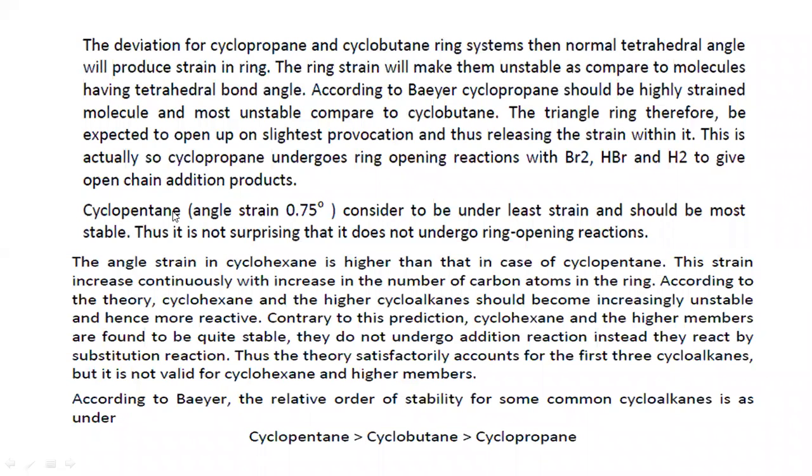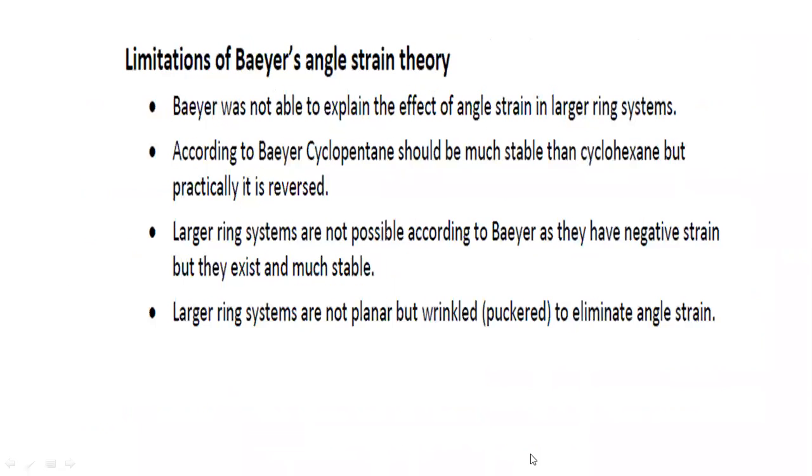Now the angle strain of cyclopentane is 0.75 degrees, considered to be under least strain and should be most stable. Thus, it is not surprising that it does not undergo ring opening reaction. That's why cyclopropane is more reactive than cyclobutane, and cyclobutane more than cyclopentane.